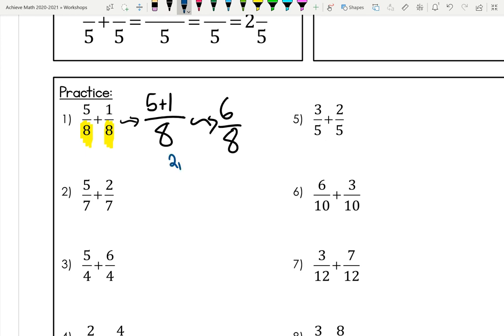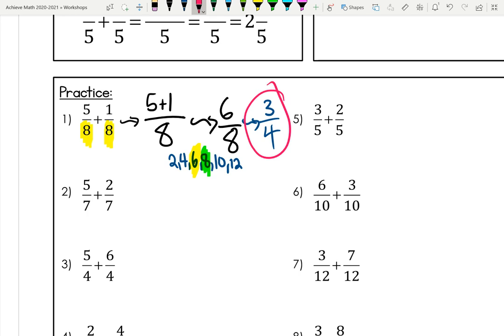So I'm going to use the list of multiples of all even numbers, 2, to help me reduce this fraction. 6 is the third term of the 2 sequence, so this is going to become 3. 8 is the fourth term of the 2 sequence. 8 divided by 2 is going to be 4. Voila, I got my answer, 3/4.